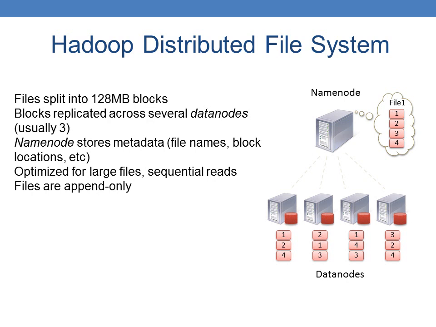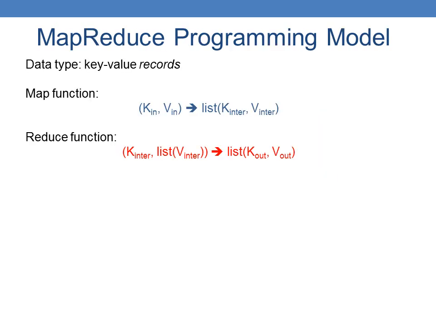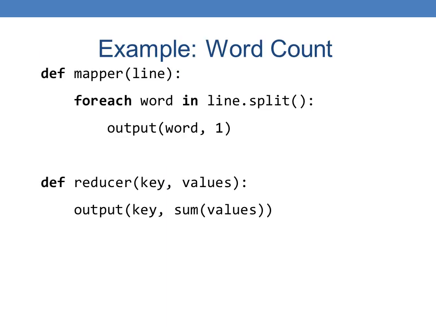This is the structure of the name node with file 1 and file 2, and the data nodes. A typical Hadoop cluster communicates between nodes using a rack switch and aggregation switch.